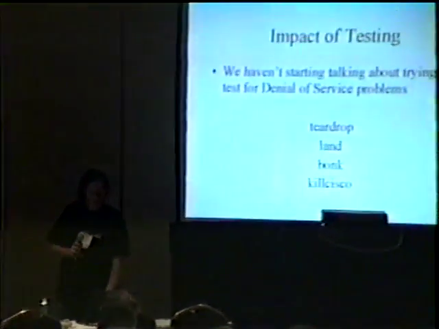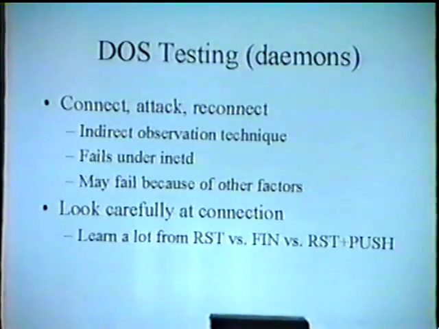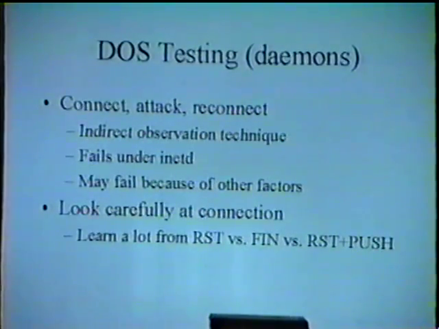And so, without even talking about how to test for denial of service problems like teardrop and land, we're going to come to using inference methods because people ask that we not engage in this destructive behavior on their networks. And that's legitimate. You want to be able to test your network without spending a week cleaning up after yourself.